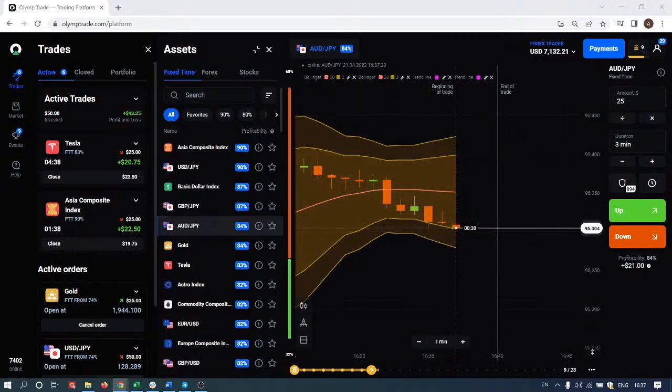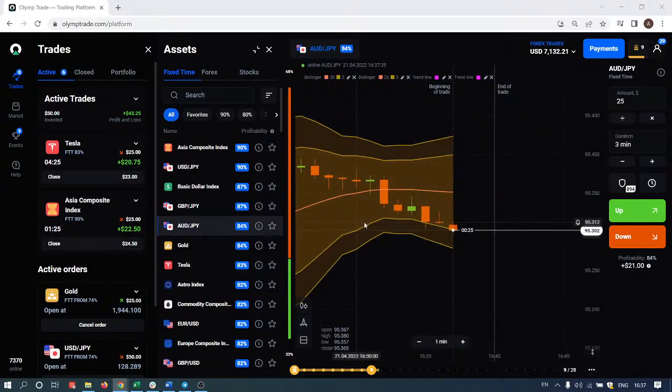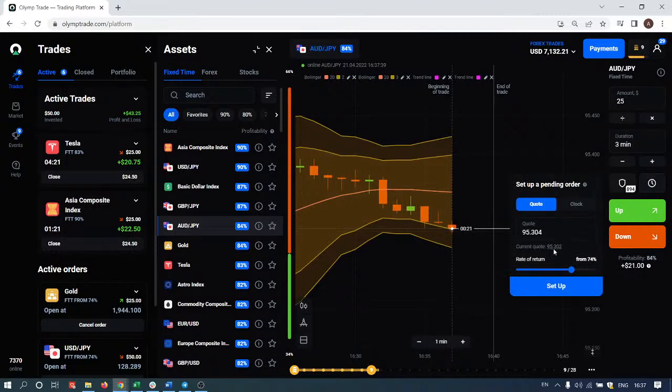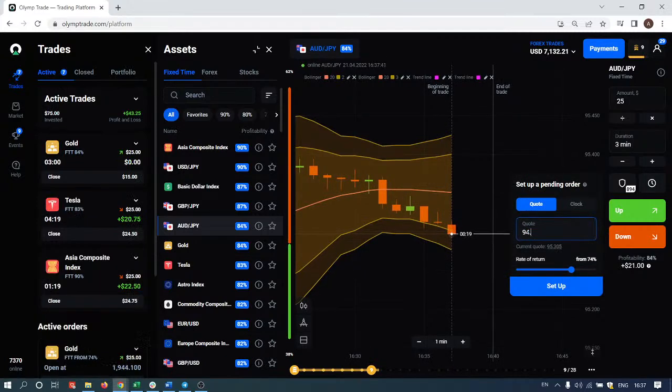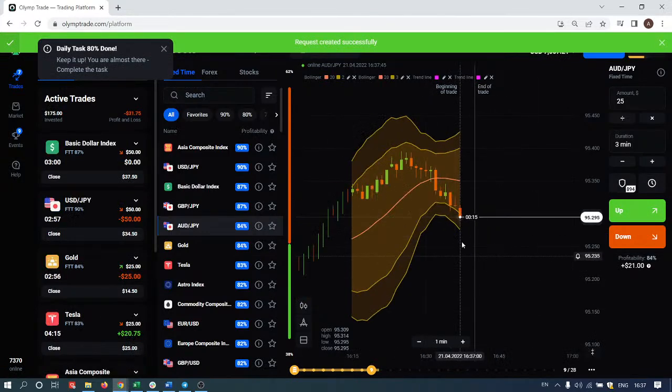Well, I would, but I probably need another trading strategy for that, because for 1 minute trades I really need to base this upon something. So yeah, guys, if you plan on opening trades, you always have got to have a trading plan.